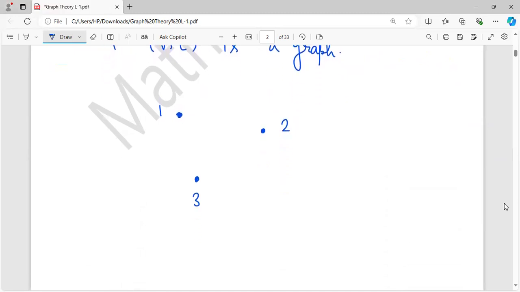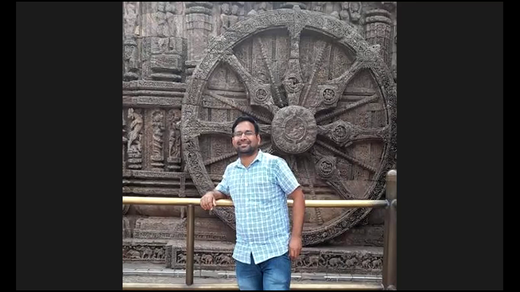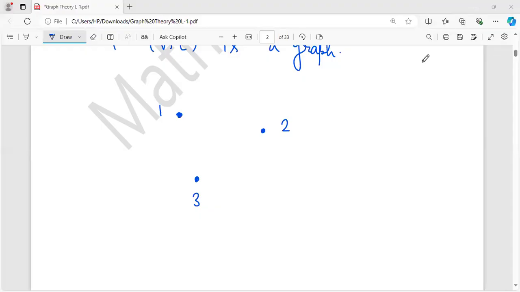Okay. So how to write? To join the nodes of a graph, you can join by a curved line, or you can join by a straight line.